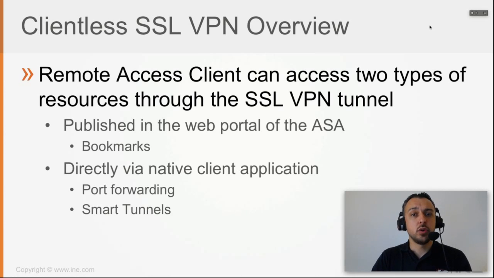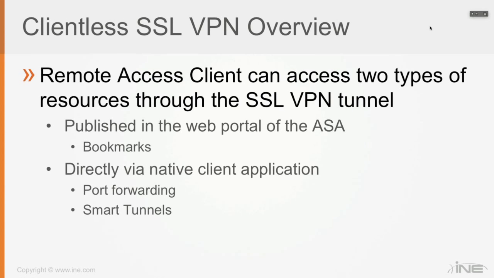So it can actually fire up Outlook, and Outlook can connect and grab the emails through the SSL VPN tunnel. So that's the second type of resources that are accessible to the clientless SSL VPN tunnel via a native client application installed on the client's PC.